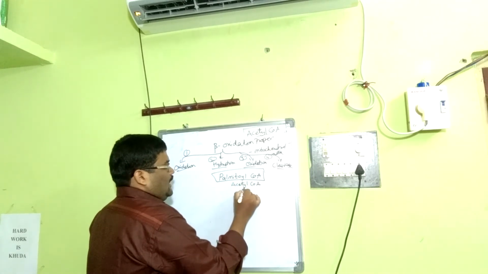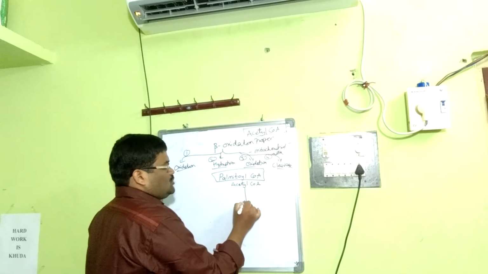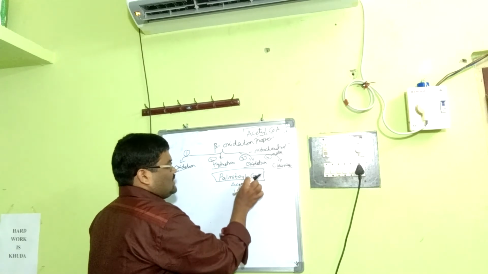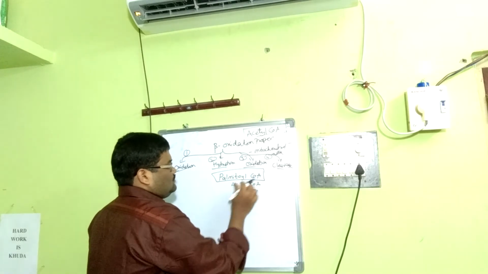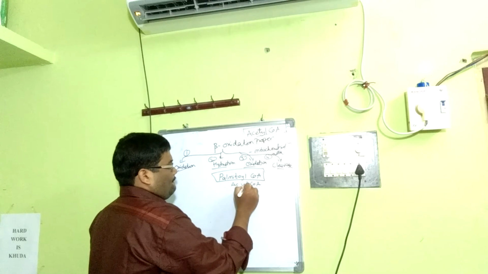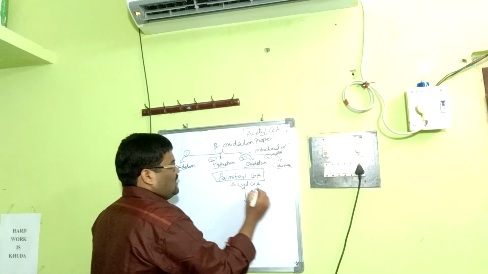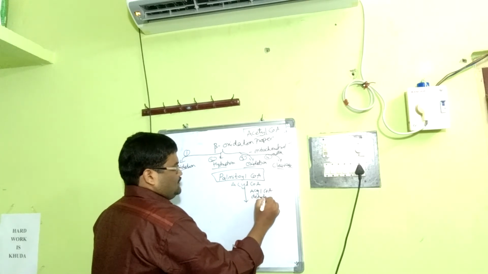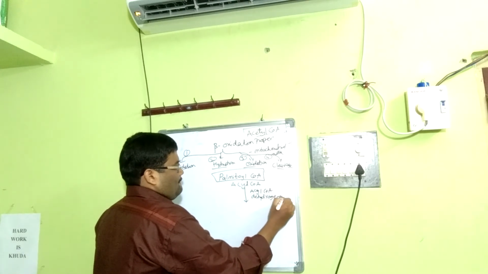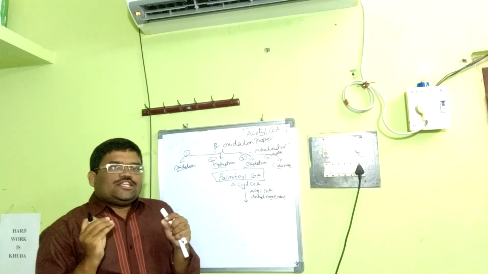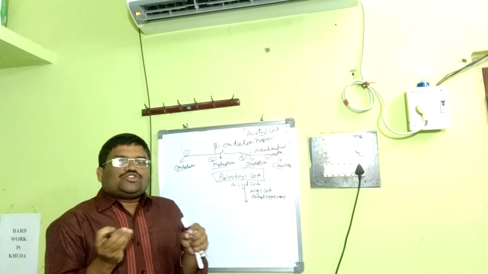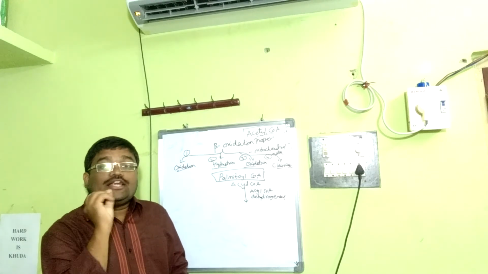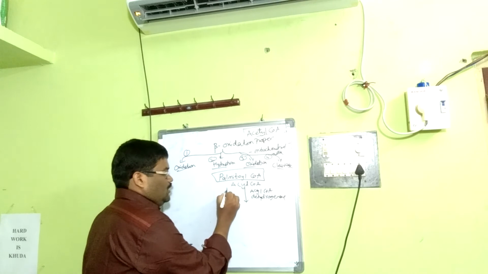The first step, it undergoes the oxidation process by means of acyl coenzyme A dehydrogenase. When acyl coenzyme A undergoes dehydrogenation, the oxidation step, we get the most important reducing element, FADH2.